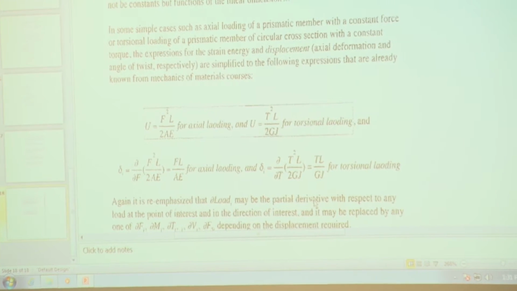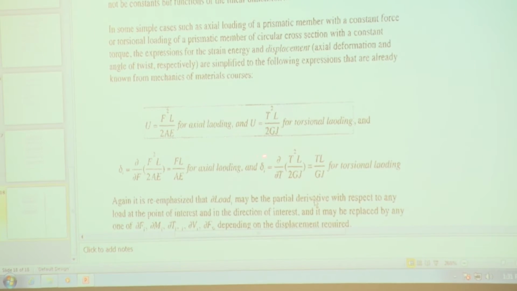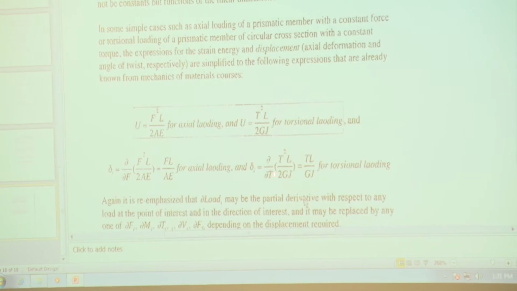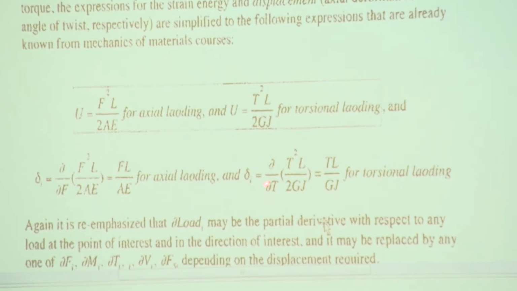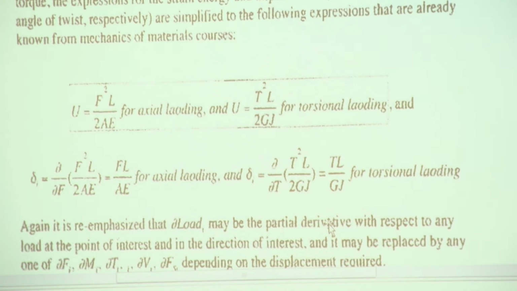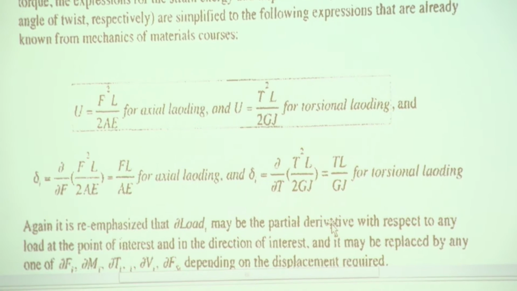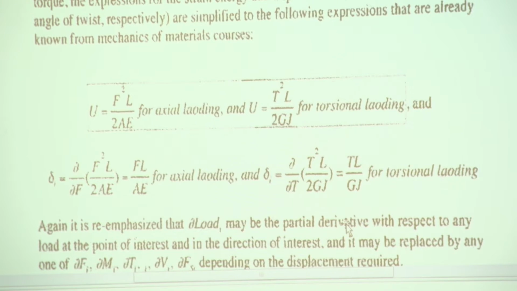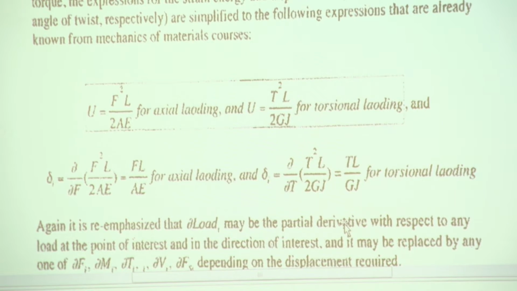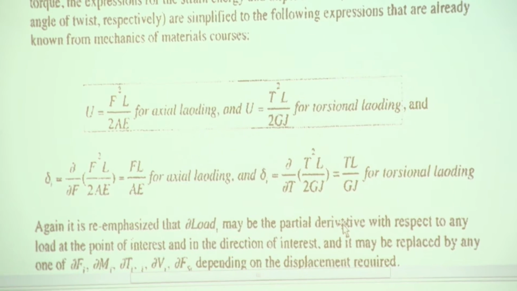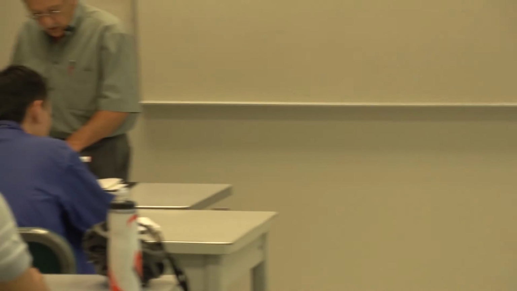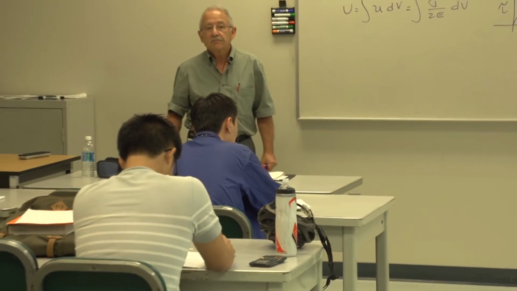I think I talked about this last time as well. And if you take the partial of U due to torsion with respect to T, you get TL over GJ, which is the angle of twist. So these simple cases jive with what you already know. Any questions?